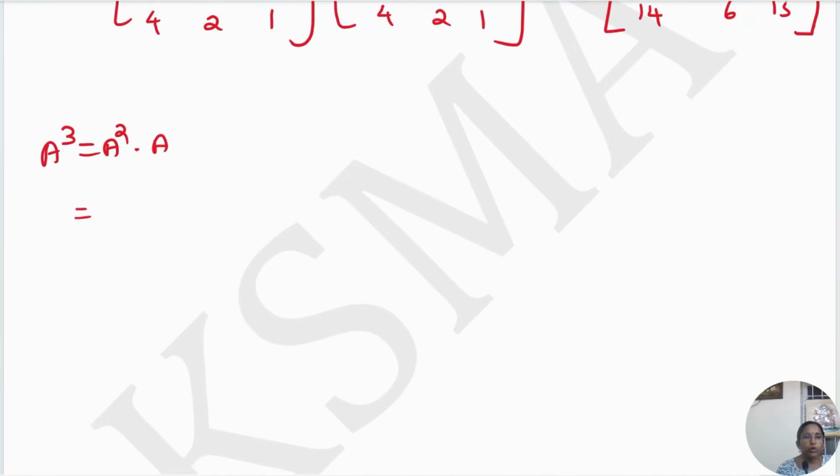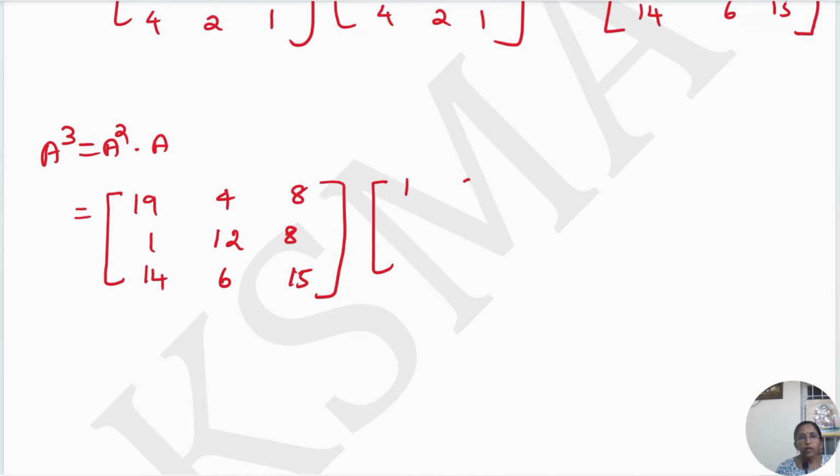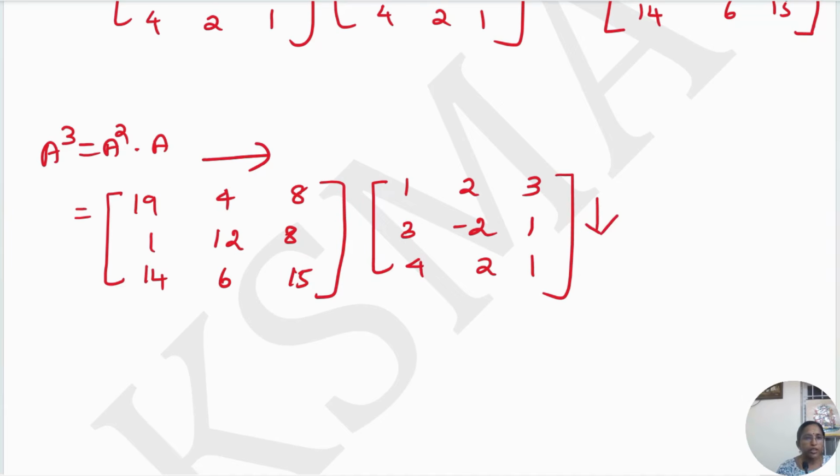So go with that: 19, 4, 8, 1, 12, 8, 14, 6, 15, and with our A matrix, 1, 2, 3, 3, minus 2, 1, 4, 2, 1. So do your matrix multiplication. Again 3 cross 3, so A cube answer is also 3 cross 3.